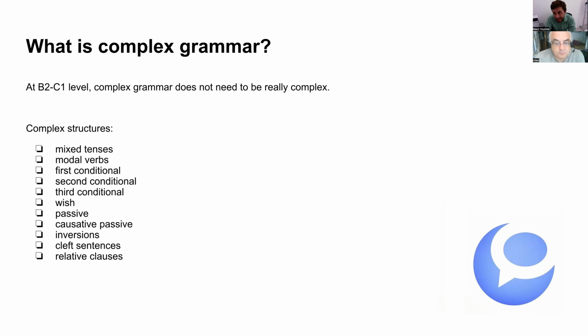We have mixed tenses, going from the present to the past, past to the future. I will explain. We have modal verbs, first conditional, second conditional, third conditional. We also have wish, passive, causative passive, inversions, cleft sentences, relative clauses. There are more, but these are the general complex grammar structures we will use when we speak.